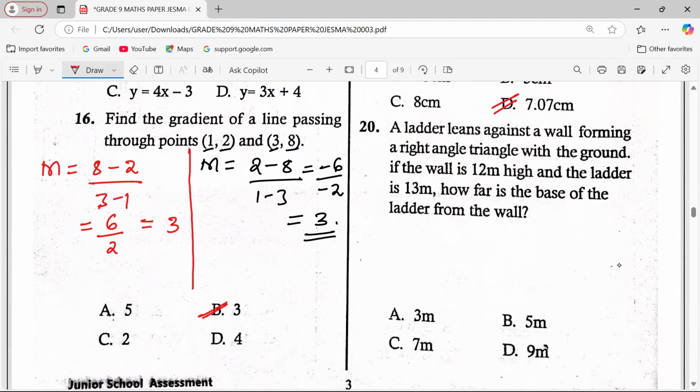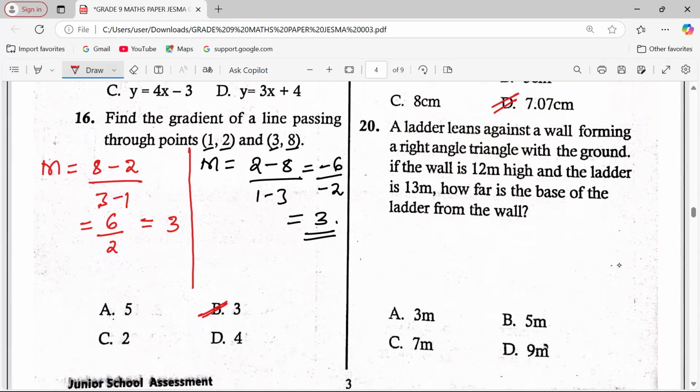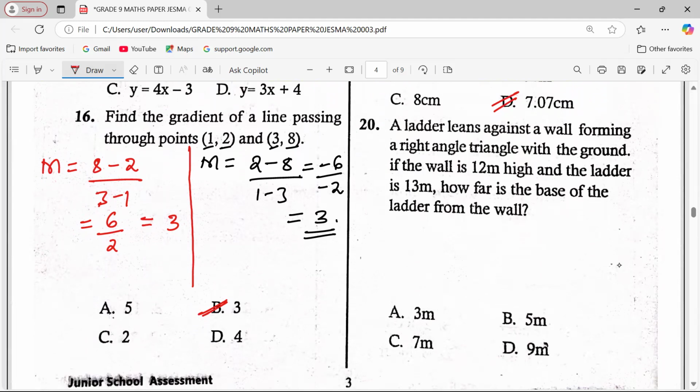At number 20, we are saying that a ladder leans against a wall, forming a right angle with the ground. If the wall is 12 meters high and the ladder 13 meters, how far is the base of the ladder from the wall? Let me sketch this information into a diagram, just to help us interpret the question well.